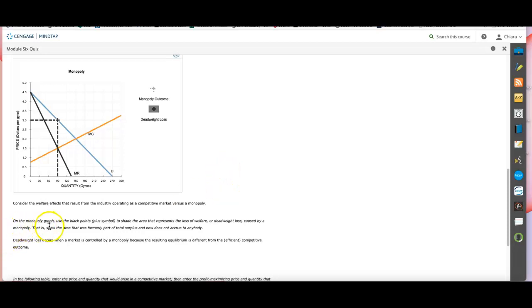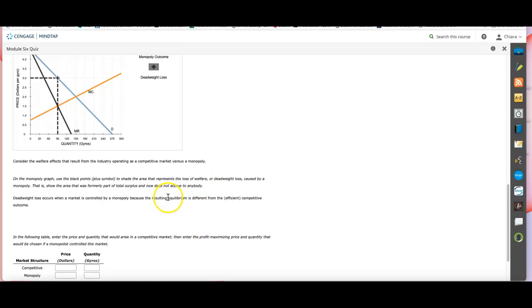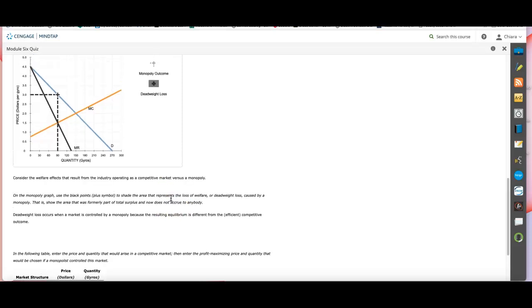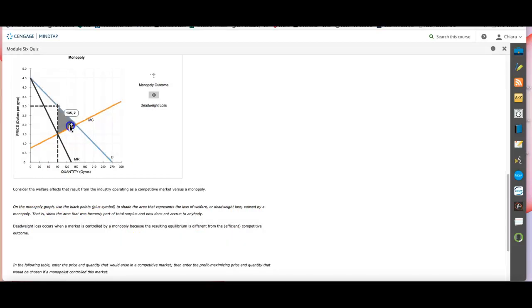So on the monopoly graph, use the black points, the plus symbol, to shade the area that represents the loss of welfare, or deadweight loss, caused by a monopoly. So we're going to get this plus, and we're going to drag it here. And this is the deadweight loss, right? The difference between the 150 that could have potentially been had we been in a competitive market and the 90 that is there because it's a monopoly.